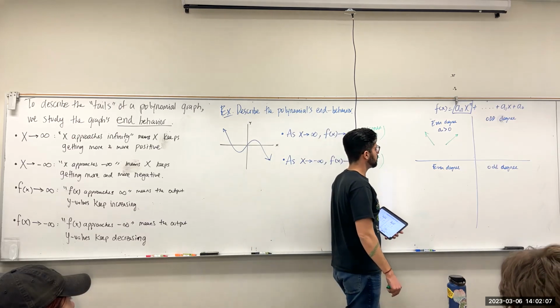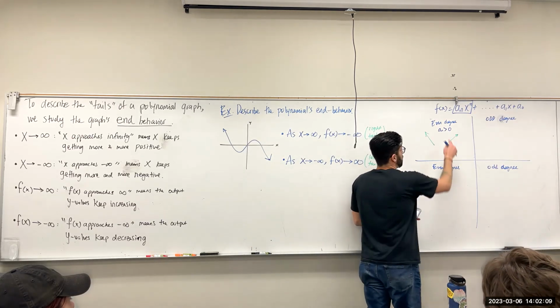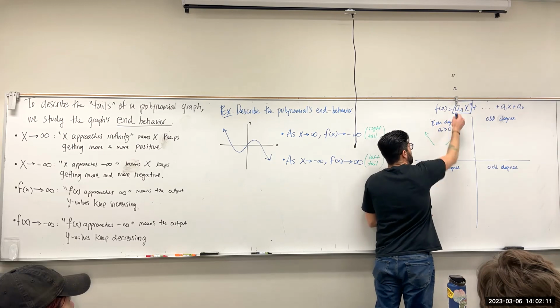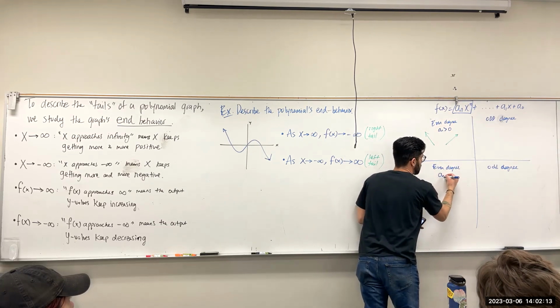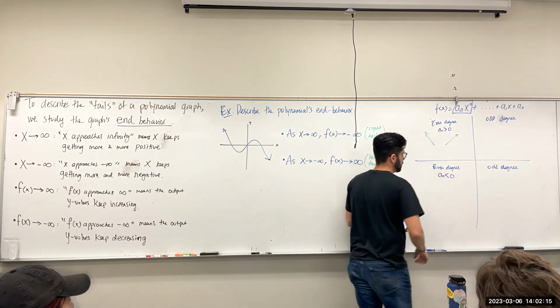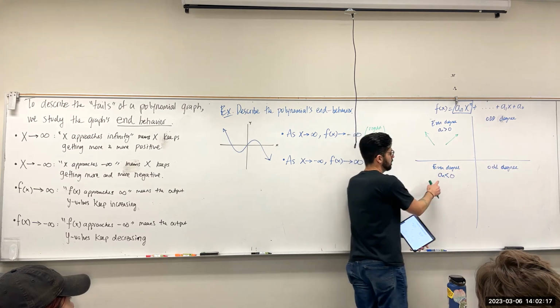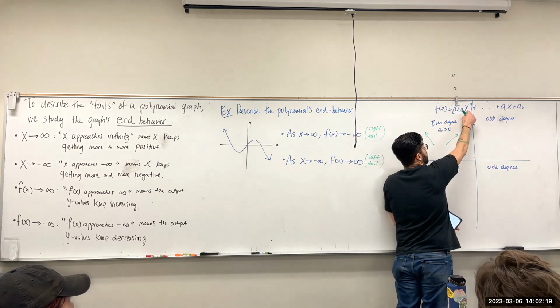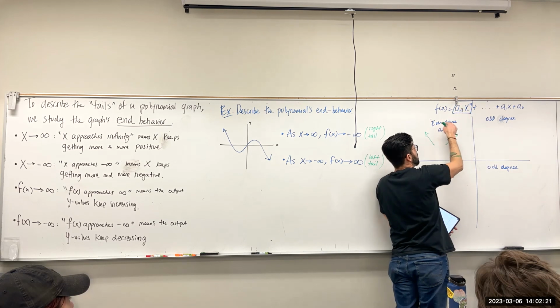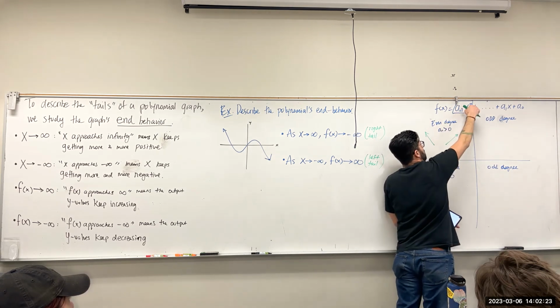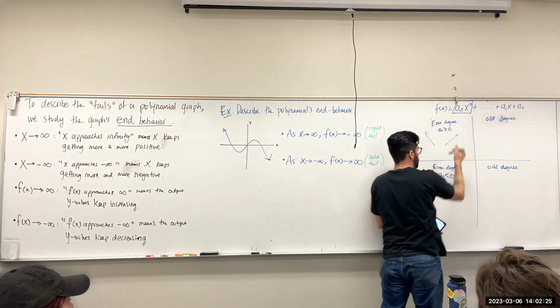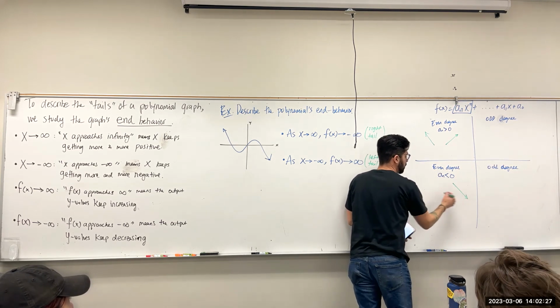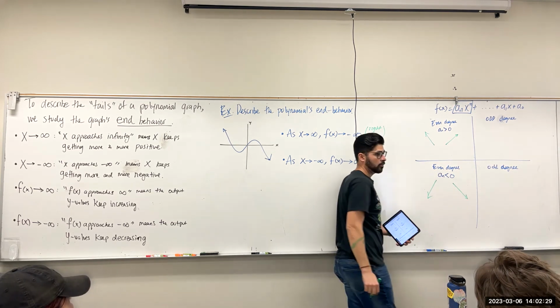If it's even degree but the leading coefficient is negative, then you plug in really big x values, they're positive because of the even degree, and this coefficient will force both tails to go down.